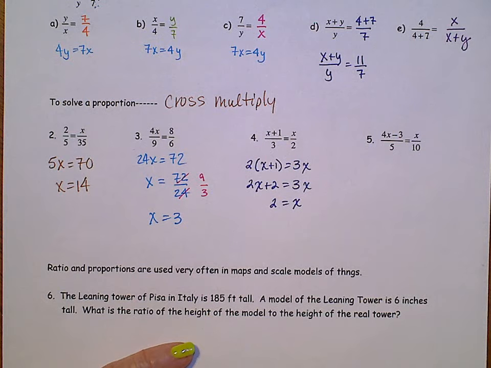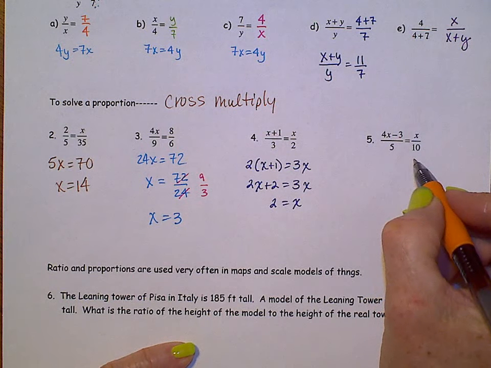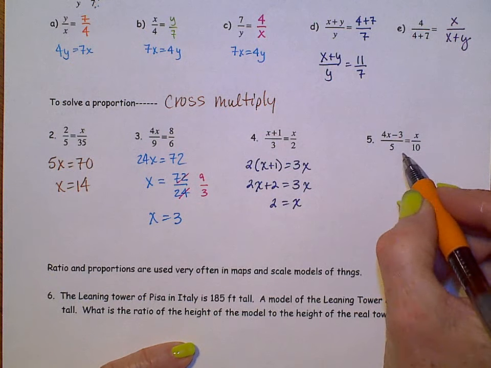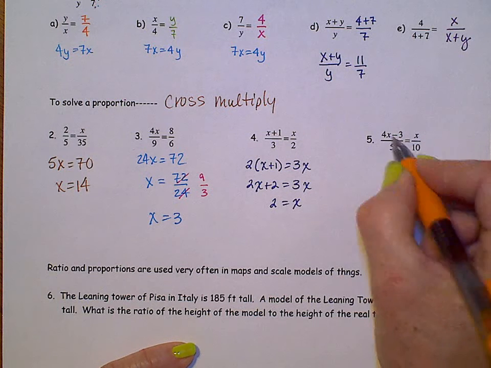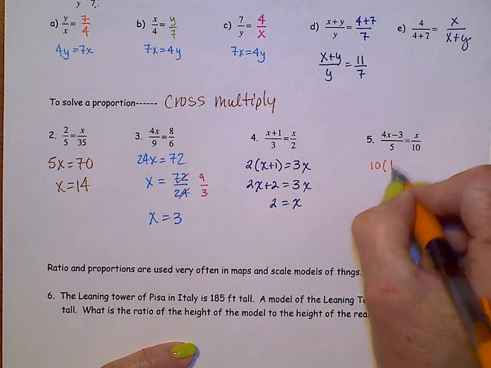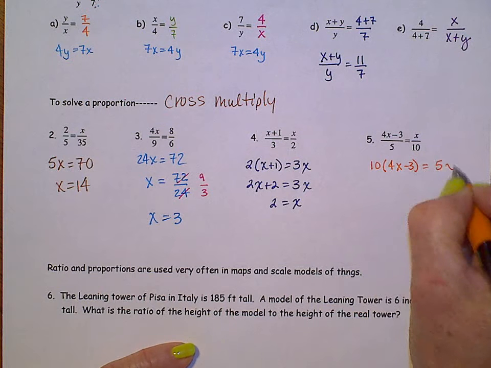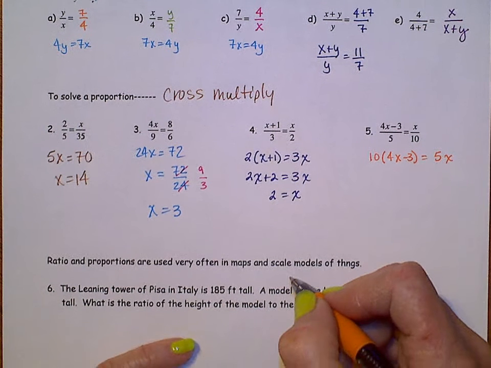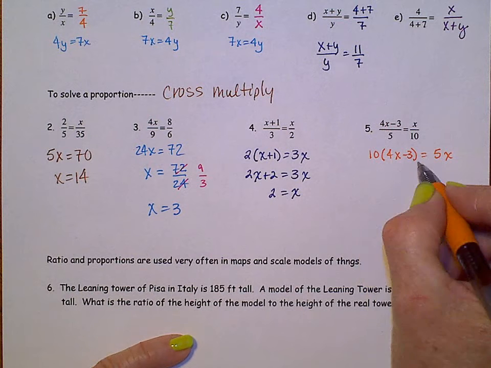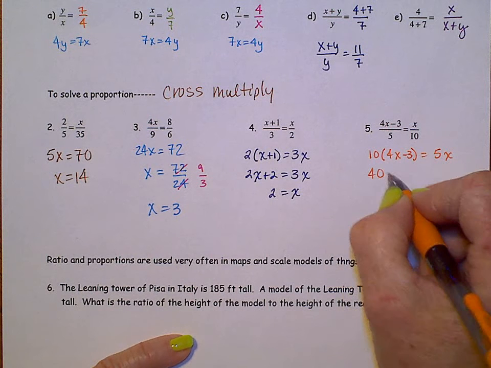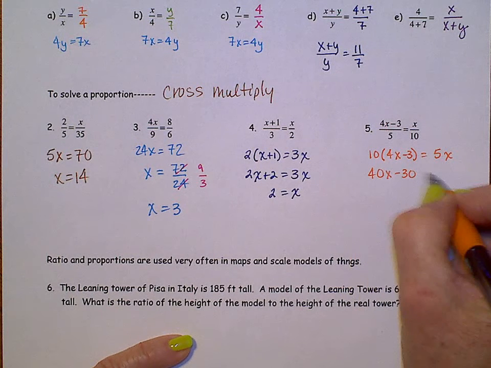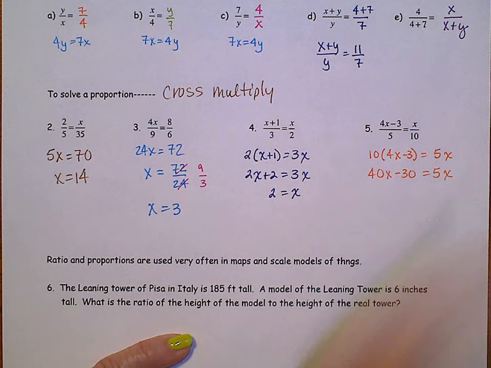Done. That wasn't so bad. Look at number 5 over here. Again, cross multiply. Don't forget to write this out as 10 times the quantity 4x minus 3 equals 5x. Distribute that 10 through, and we'll have 40x minus 30 equals 5x.